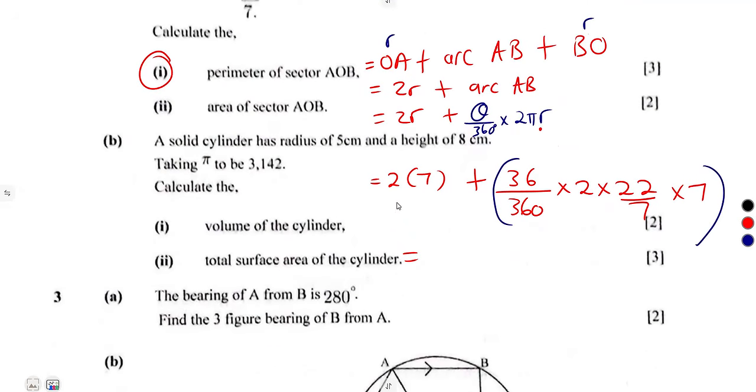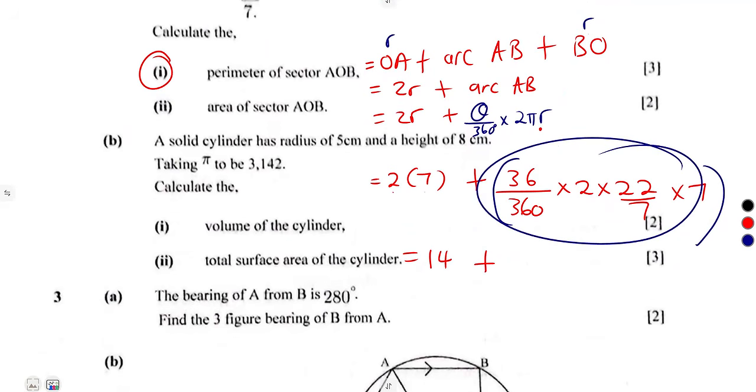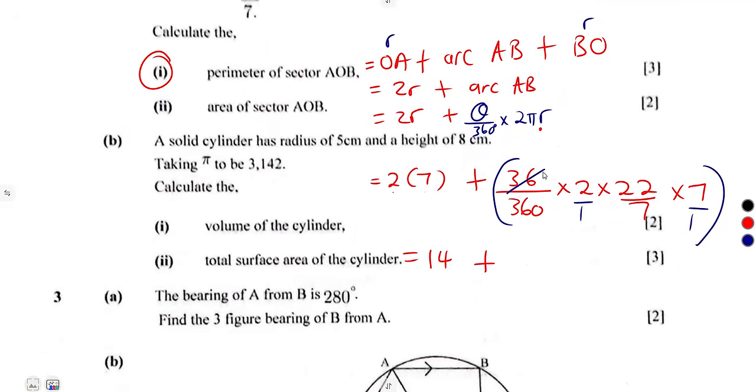So this here is calculated separately. All right. So you multiply this one, 2 times 7, that is 14. Then we add to the resultant that you're going to obtain here. This is same as over 1. So we can cancel 36 into 36, 1, and into 0. That's a 0 here. 7, 7 cancels. So you multiply 2 times 22. That is 44.